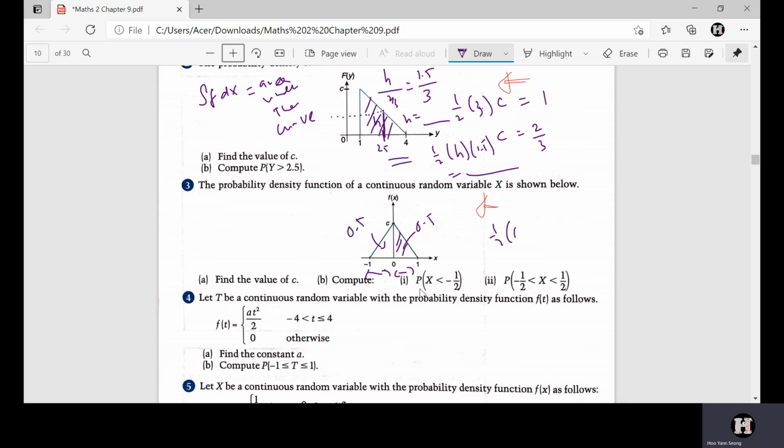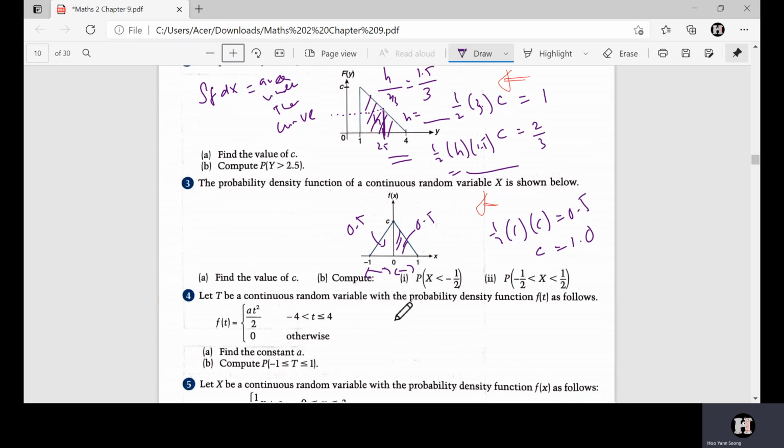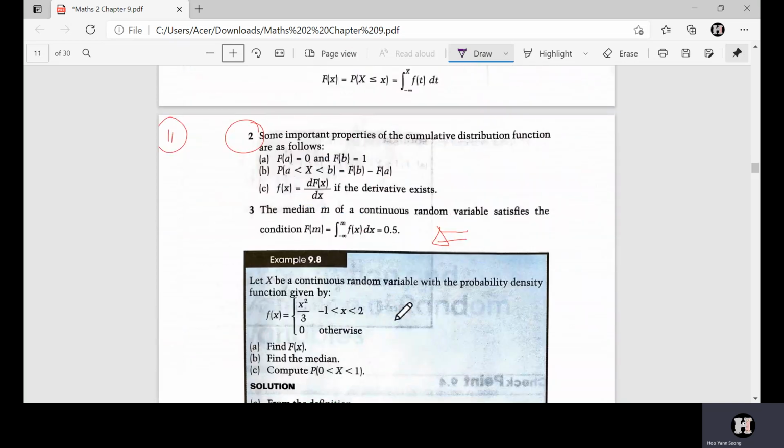So half times 1 multiplied with your c equals 0.5, so your c equals 1. Now that you already get this, how do you find less than and so on? Basically, I'm using the same method as the previous one. Then we go for this one.